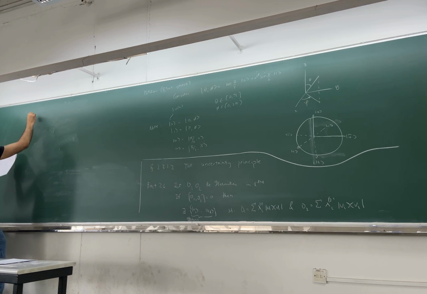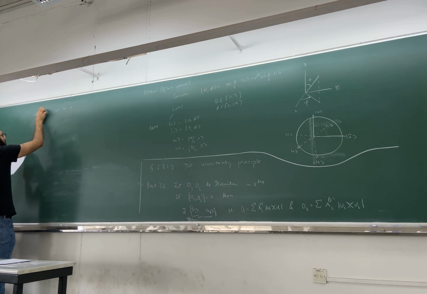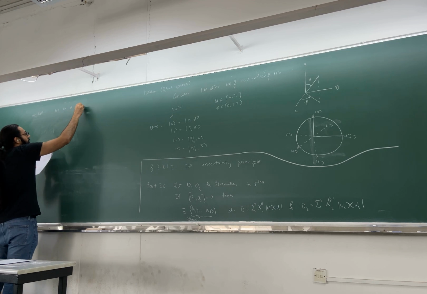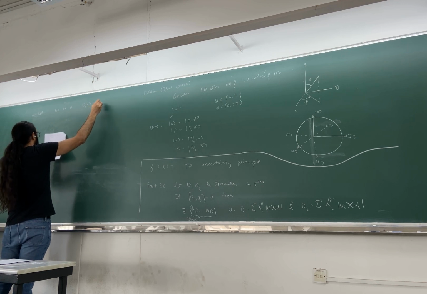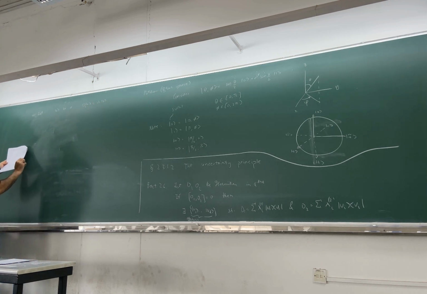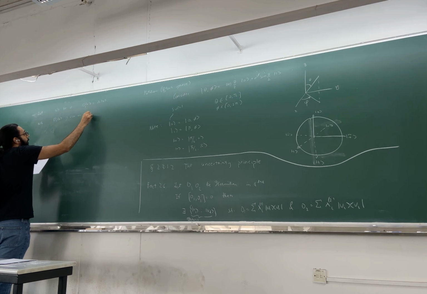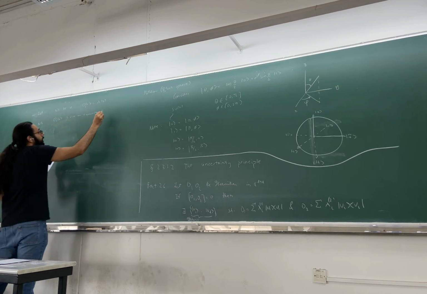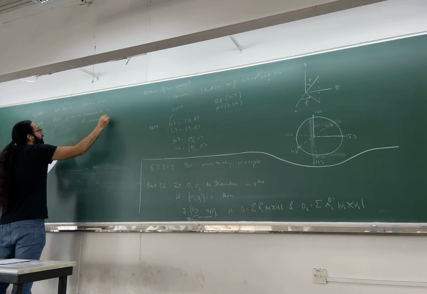Consider V to be an eigenvector, such that O1 V is some lambda V. Now we want to note that O2 V is also an eigenvector of O1 with eigenvalue lambda.